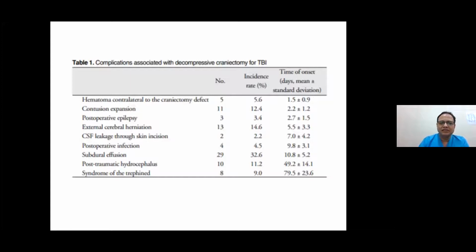The commonest complication in decompressive craniotomy, what is reported, is CSF related, like subdural effusion, which is almost 32%, followed by post-traumatic hydrocephalus 11%. So the CSF related complications are almost 40%. Plus you have 10% incidence of syndrome of the trephined or sinking flap syndrome, and there's a significant complication also of cerebral herniation.